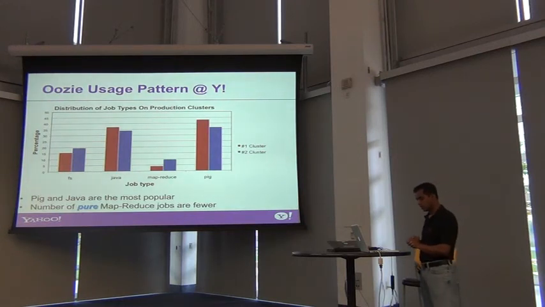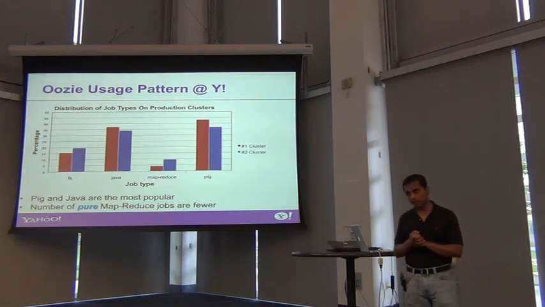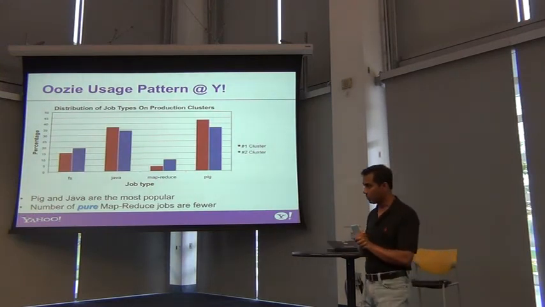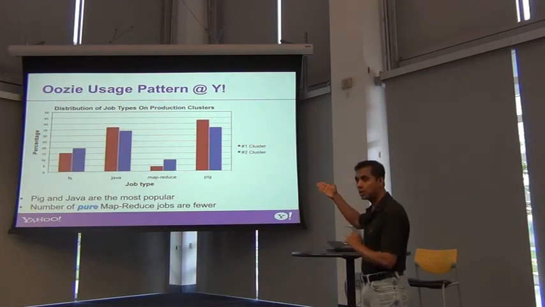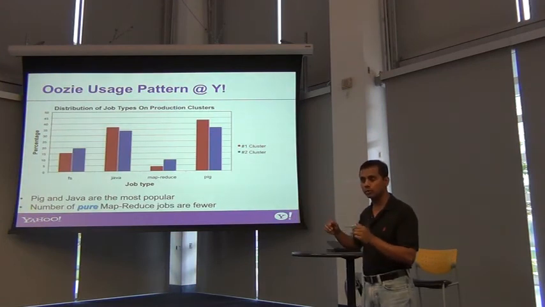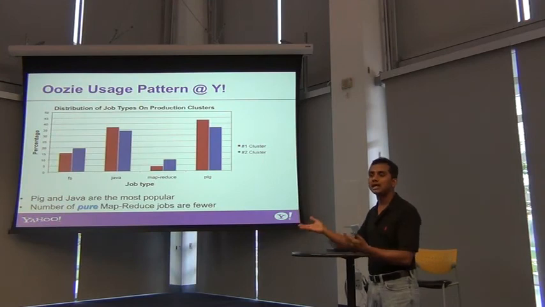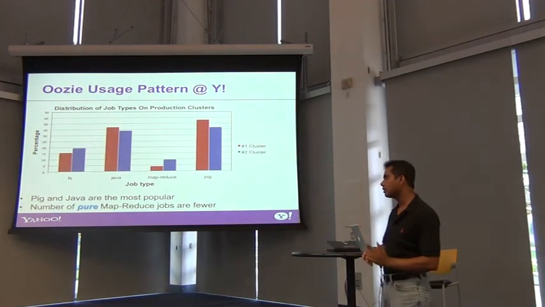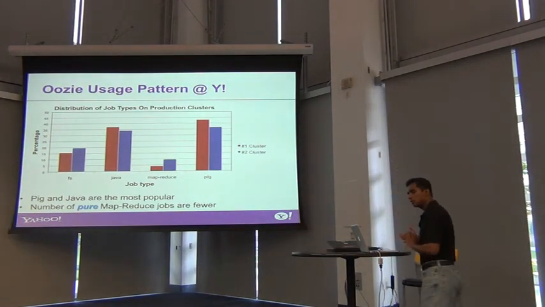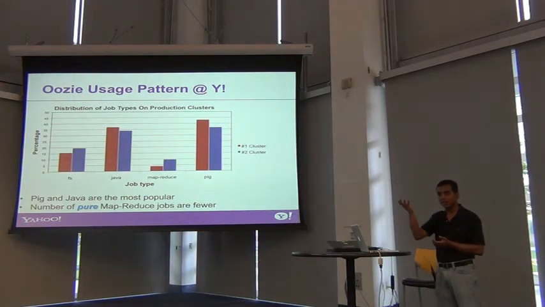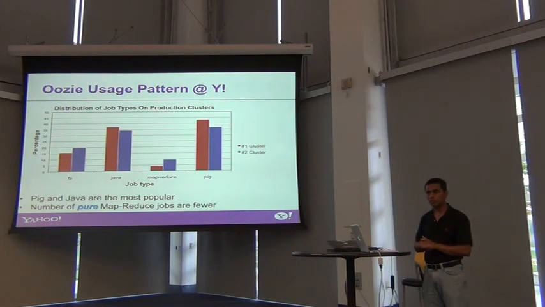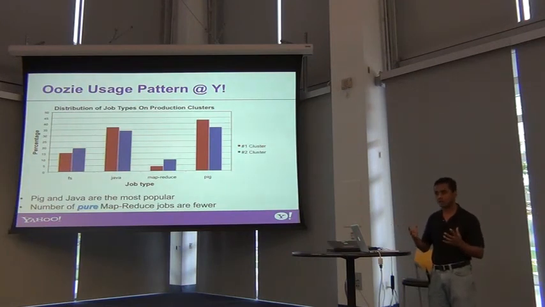As you can see from this data, Pig is very popular at Yahoo compared to pure MapReduce jobs, meaning direct MapReduce jobs. Pig is ultimately a MapReduce job, as you know, but people always try to use another level of abstraction that is easy to use. Java code is also very popular. They want to run their own custom Java code.